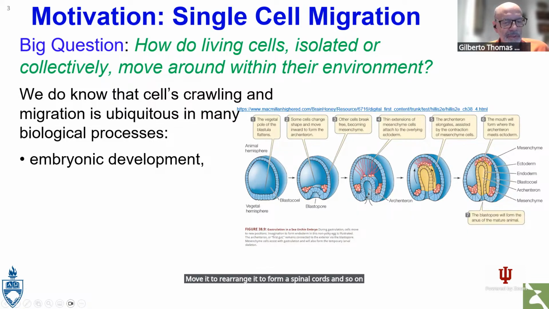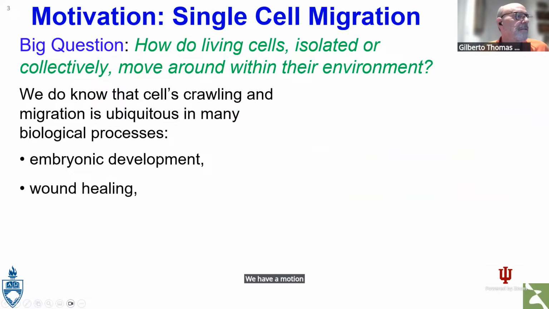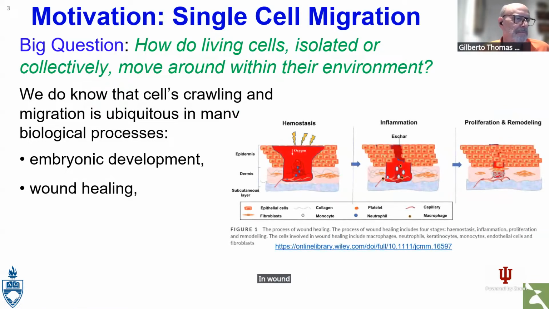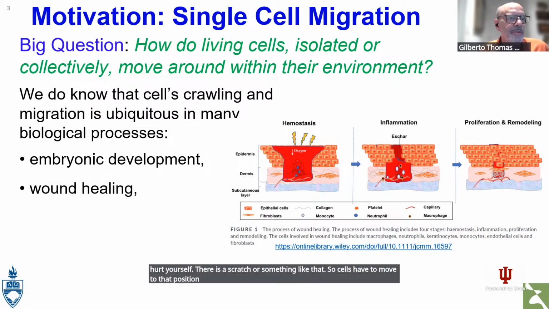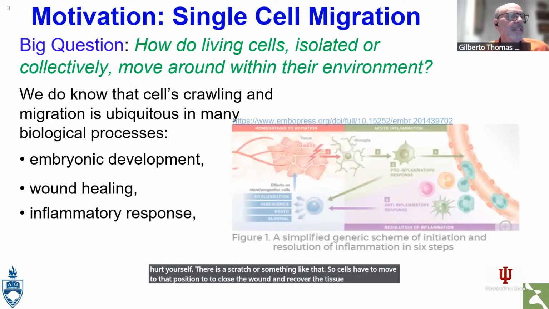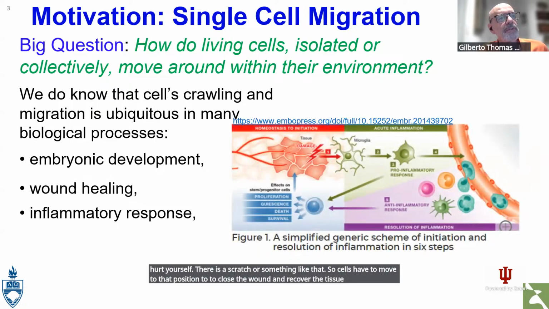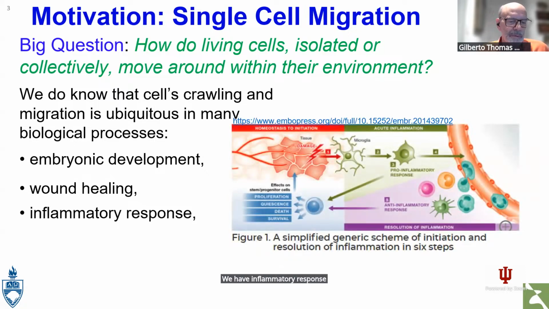We have motion in wound healing. When you hurt yourself, there is a scratch or something like that, so cells have to move to that position to close the wound and recover the tissue. We have the inflammatory response, when your body responds to some external disease, for example.